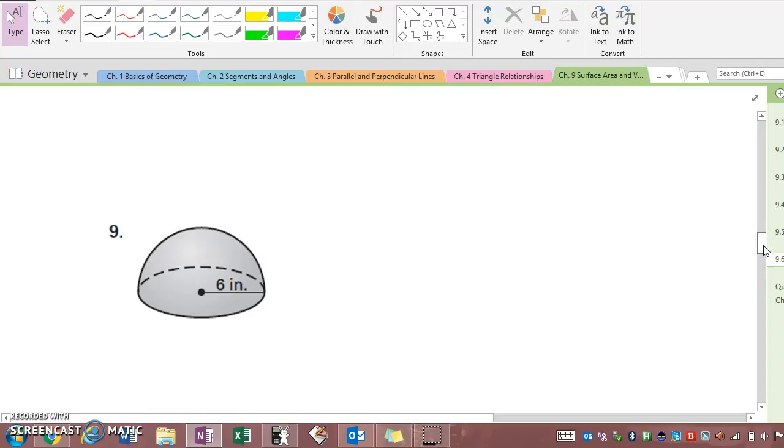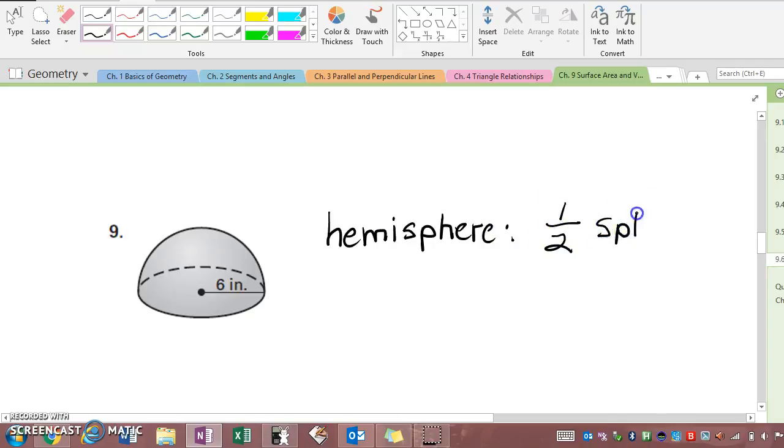What is that? It's not a sphere, is it? It's called a hemisphere. What's a hemisphere? Half of a sphere.